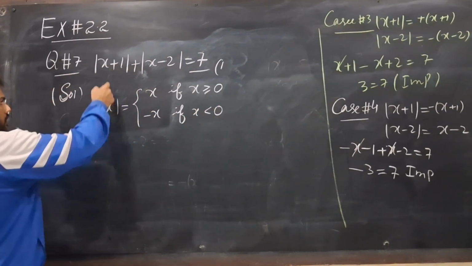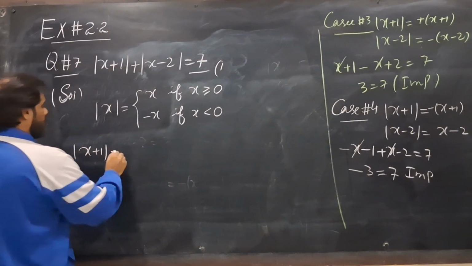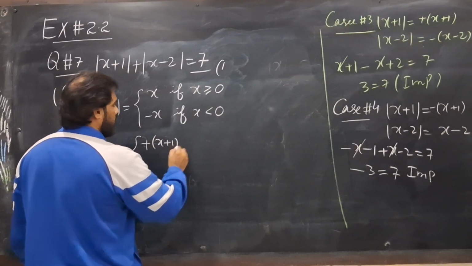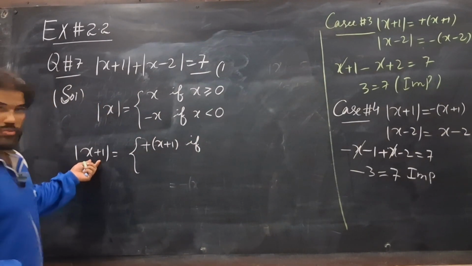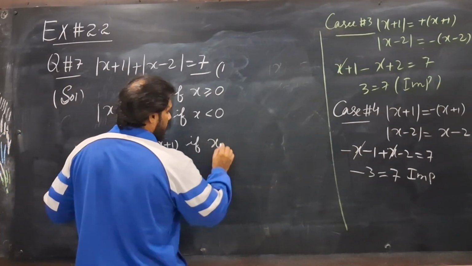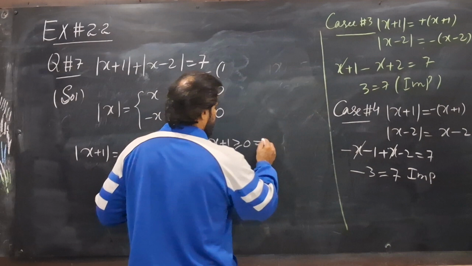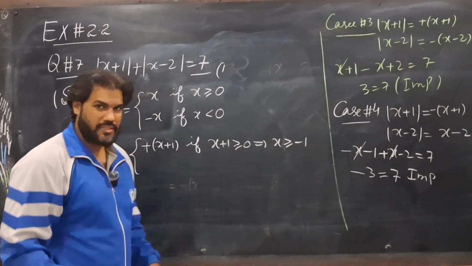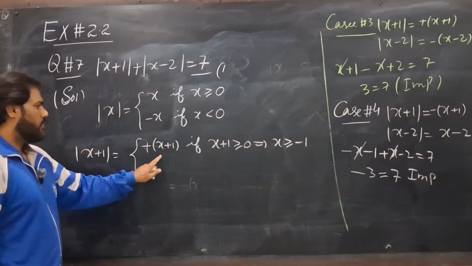Similarly, the absolute value of x plus 1 is equal to positive x plus 1 if the number inside the absolute value, that is x plus 1, is greater than or equal to 0, or you can write it as x greater than or equal to minus 1. So when x is greater than or equal to minus 1, the absolute value will be positive x plus 1.